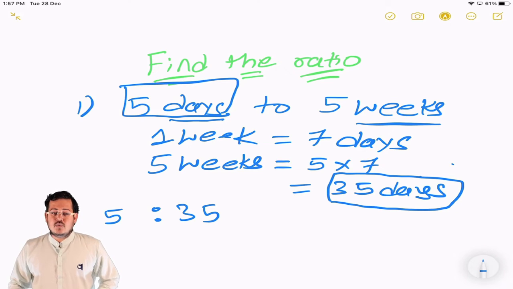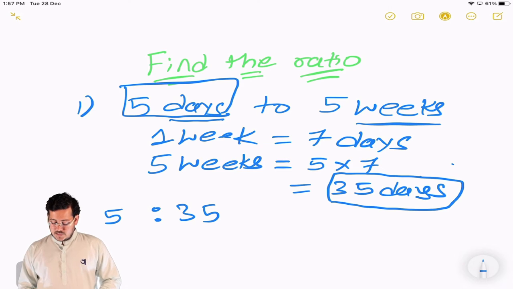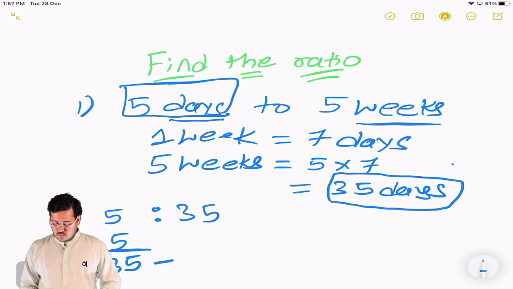Now is the question over? No, the solution is still left, because as we have learned before, that we have to go for the simplest form. So if it is possible that ratios can be going in a simplest form, you have to go for it. So here if I will say 5 upon 35, as you know 35 and 5 are multiples of the same number.